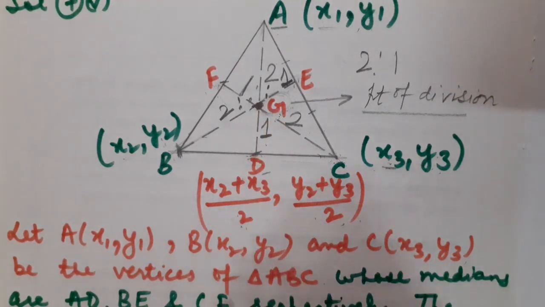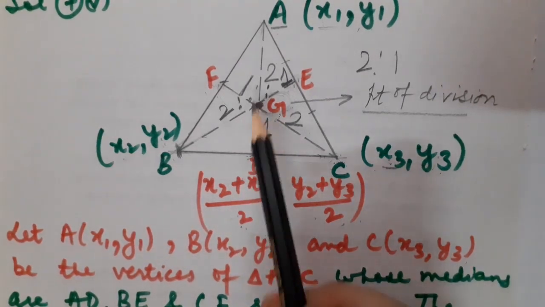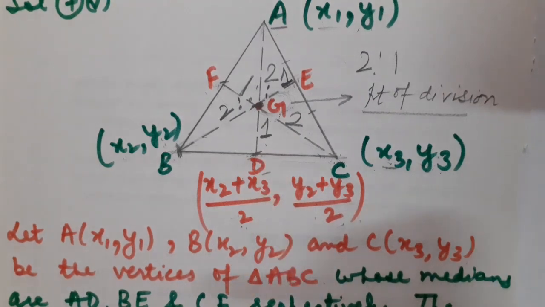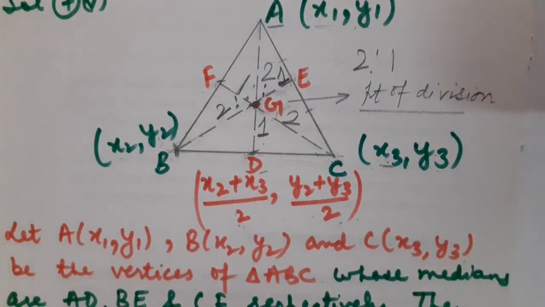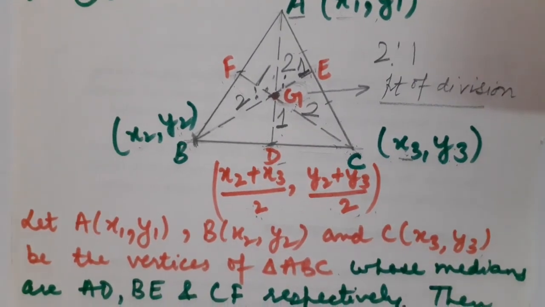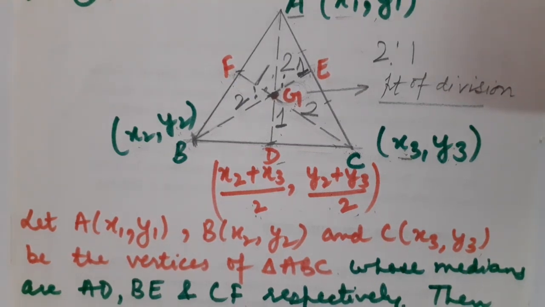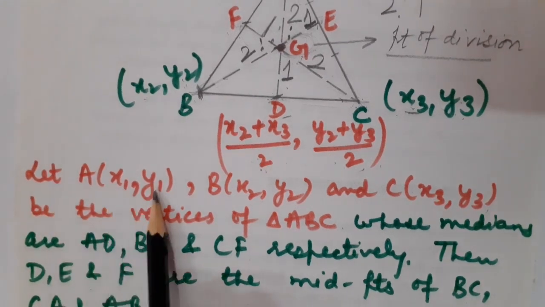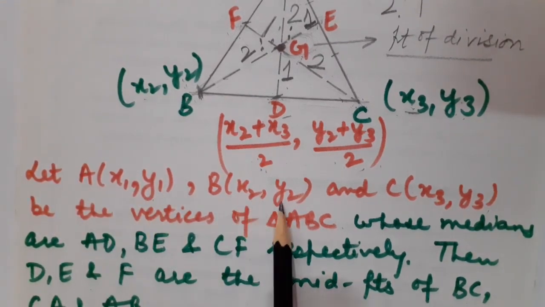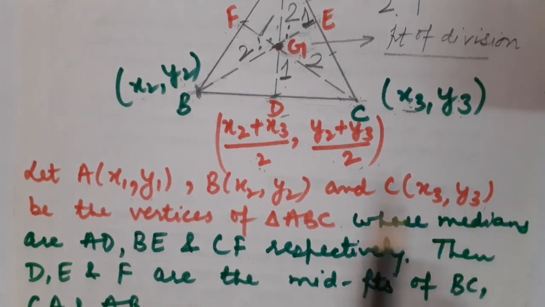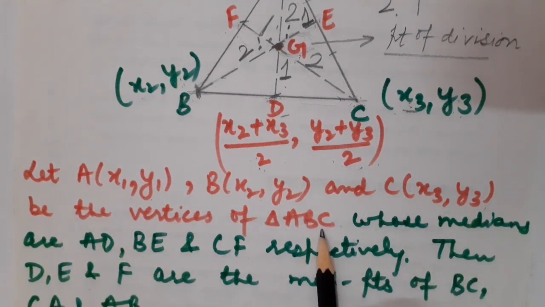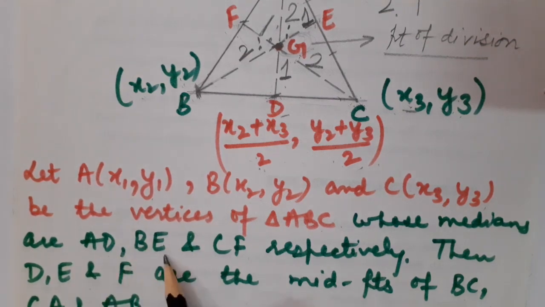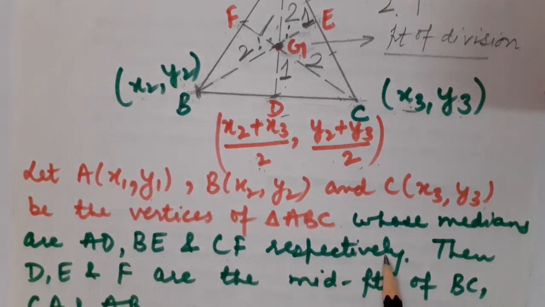Actually we are habituated to see the line segment horizontally, so I have drawn it horizontally. So let us start its solution. You can better understand when I show you the horizontal line segment. So the solution is: let A(x1, y1), B(x2, y2) and C(x3, y3) be the vertices of the triangle ABC, whose medians are AD, BE and CF respectively.